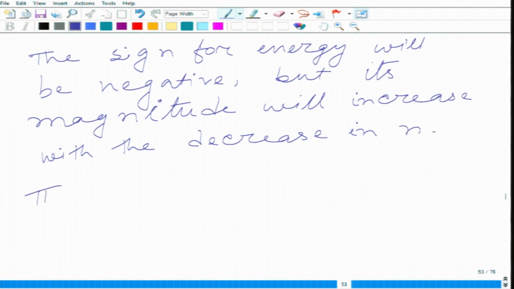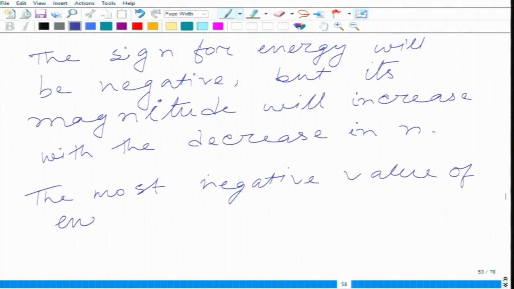So, the most negative value of energy is given by n equal to 1. Okay. So, we have studied the significance for the negative sign of energy.